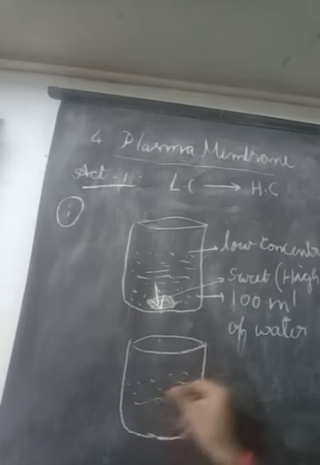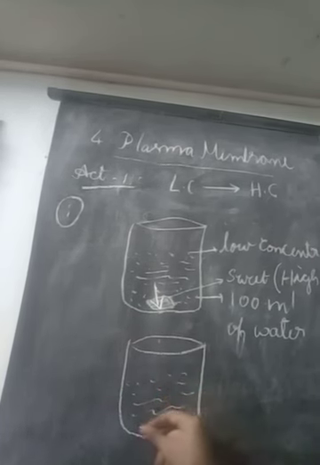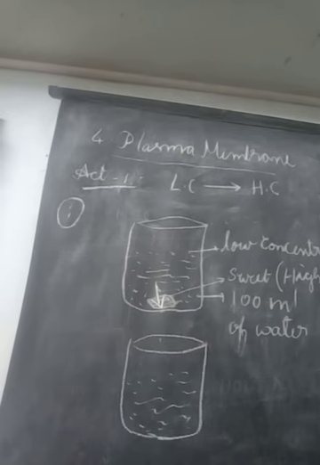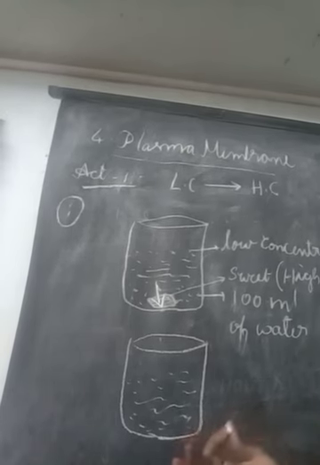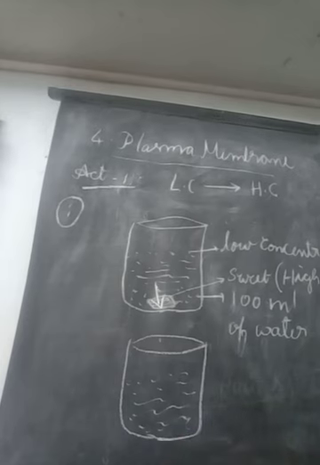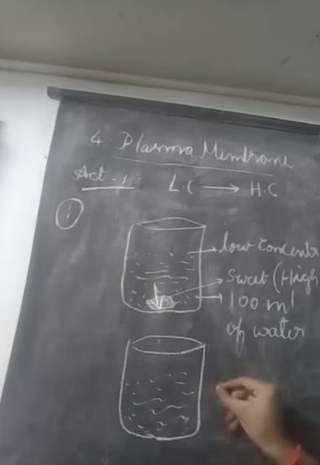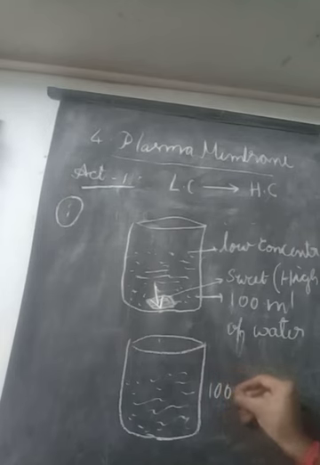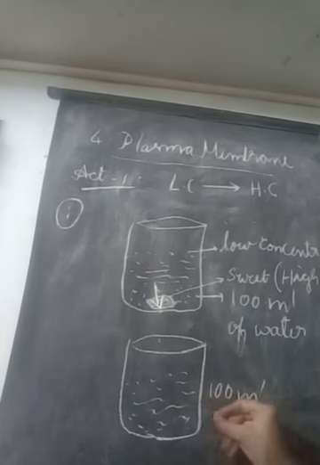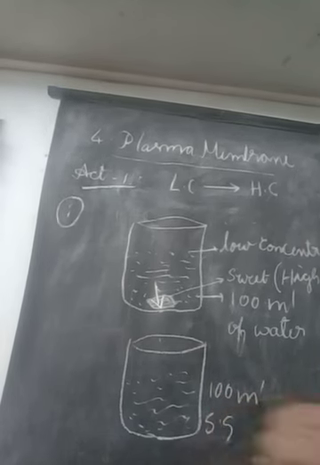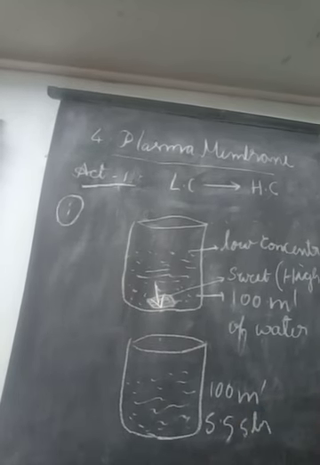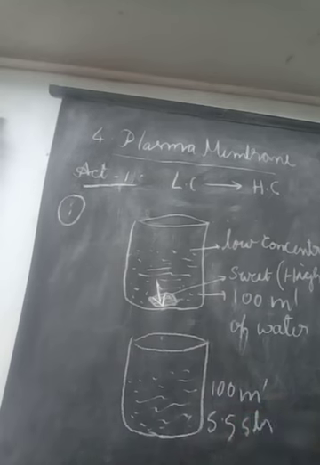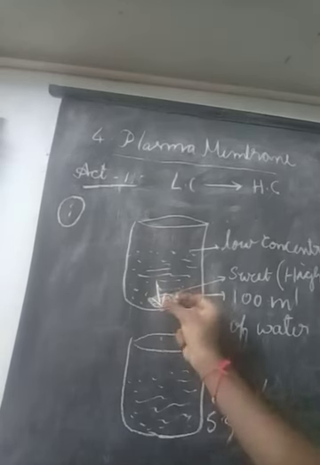When no more solute can be added in the solvent, it is called saturated solution. There is no sense to add more sugar to the water. So now take 100 ml of saturated solution in a glass beaker. Now this is swollen kishmish.